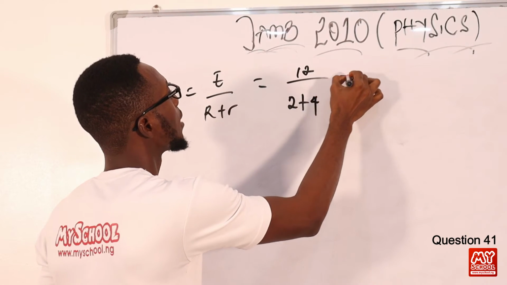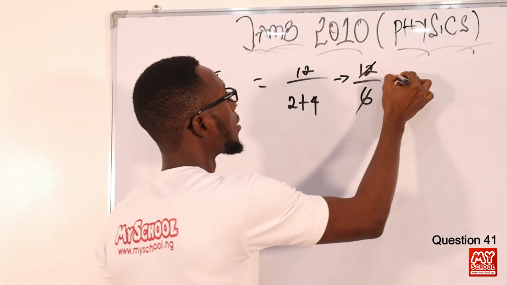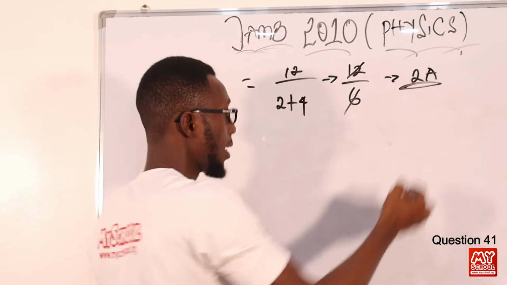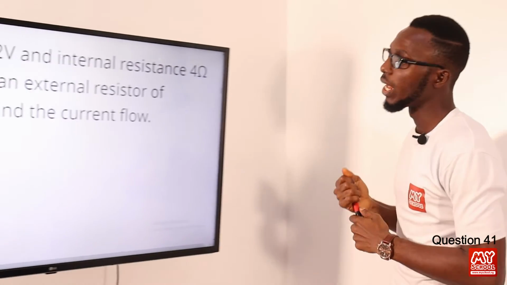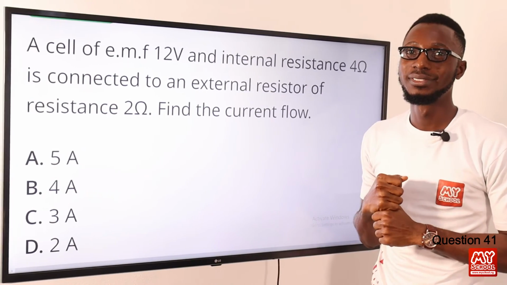So that is 12 over 2 plus 4, that is 6, and that accounts for 2. The unit for current is ampere. So let's see if we have 2 amperes. Yeah, we can find that in option D. So option D is the right option.